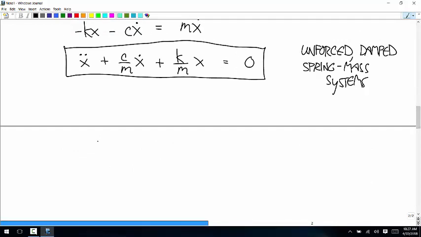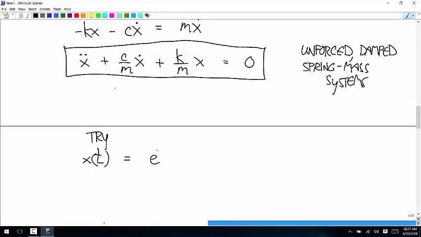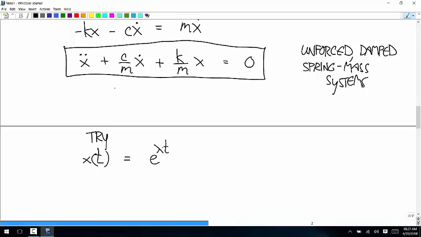So what we're going to do is guess that there's a solution of the form x is equal to some constant times e to the lambda t, where lambda is a constant.